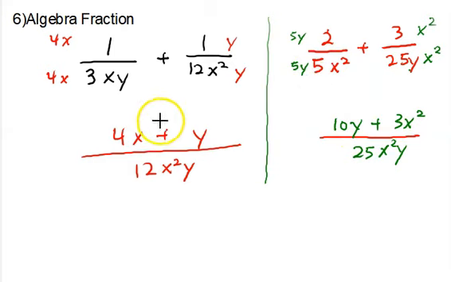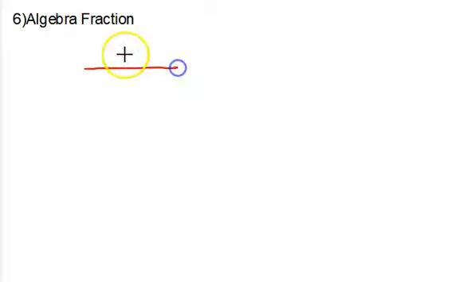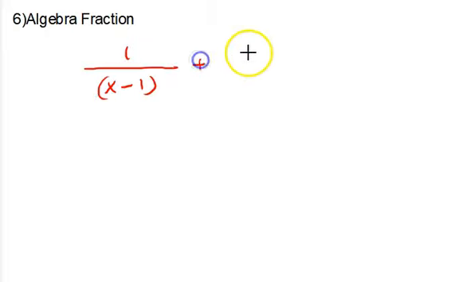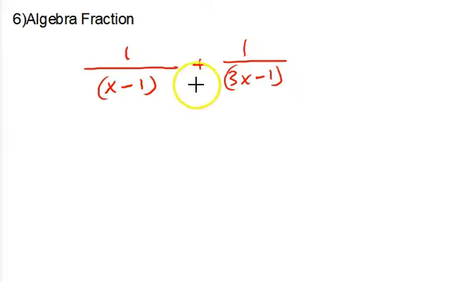So now I'm going to the hardest level. For example, now I have here x minus 1 plus 3x minus 1. Okay, now for this we cannot add what is inside the bracket. We cannot add, so we just have to multiply the whole thing.